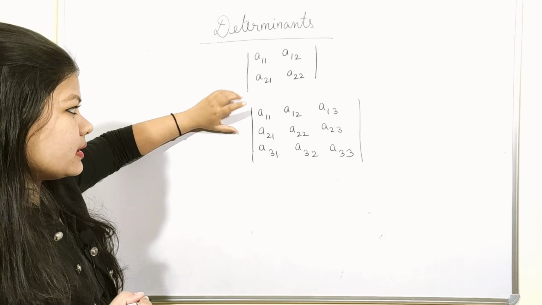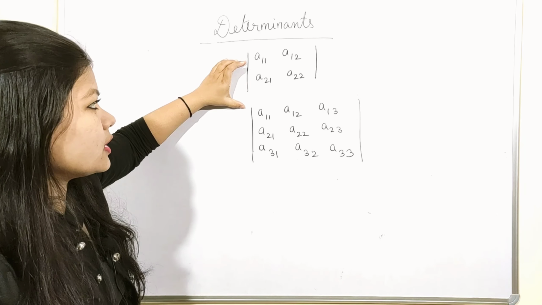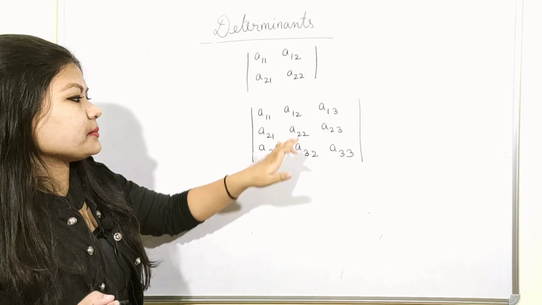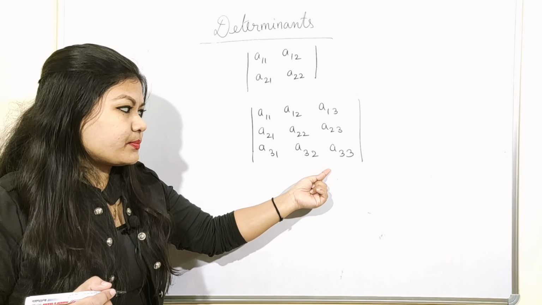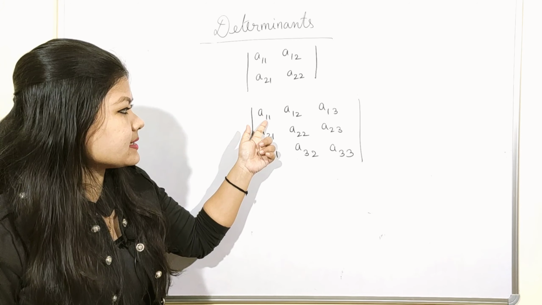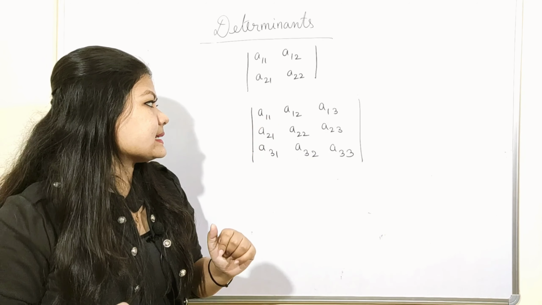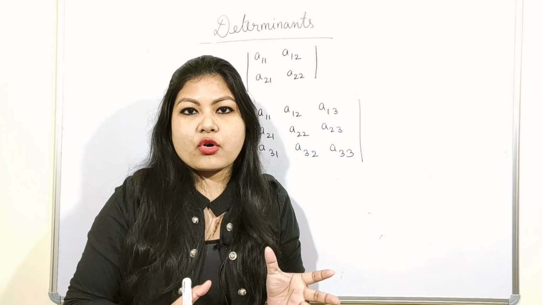You have to remember these two general form of the determinant. This is for the 2 by 2 determinant and this is for the 3 by 3 determinant. The suffix simply represent the number of row and column. The first digit represent the number of row and the second digit represent the number of column. So these are the basics for the determinant.